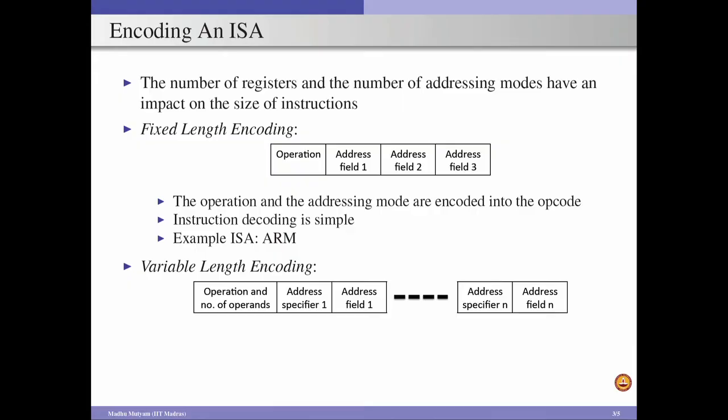One specifies the addressing mode, the second one specifies the actual address. So in this figure we can clearly see address specifier 1, address field 1, similarly address specifier n and address field n. There are n operands associated with this particular instruction, and this n should be specified in the number of operands field.